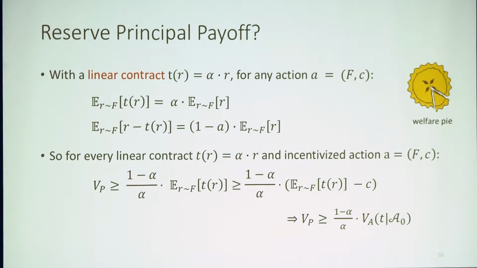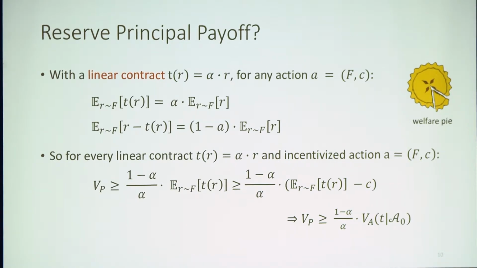Okay, so let me do this. And here the key insight is this pie intuition, namely that with a linear contract, recall it's just paying an alpha fraction of the reward. For any possible action, you actually split the expected welfare in an alpha and 1 minus alpha fraction. Okay, so what do I mean by this? So the expected transfer, that's the first thing, right?